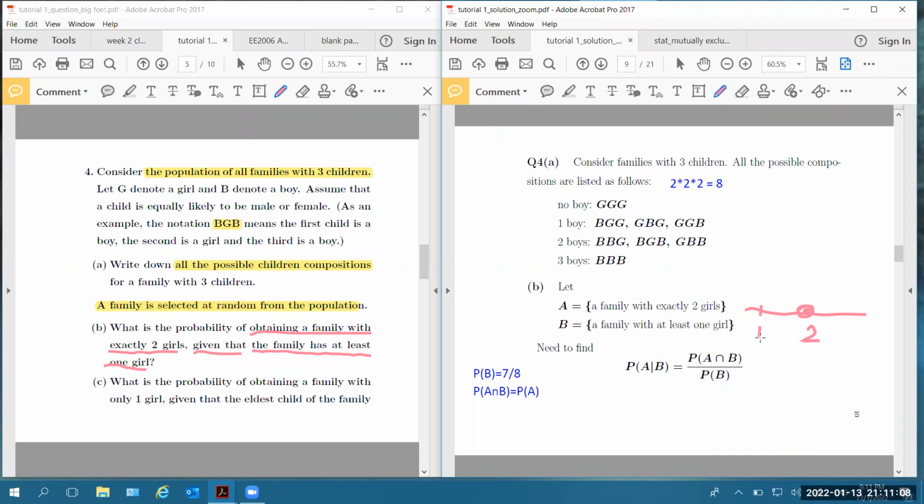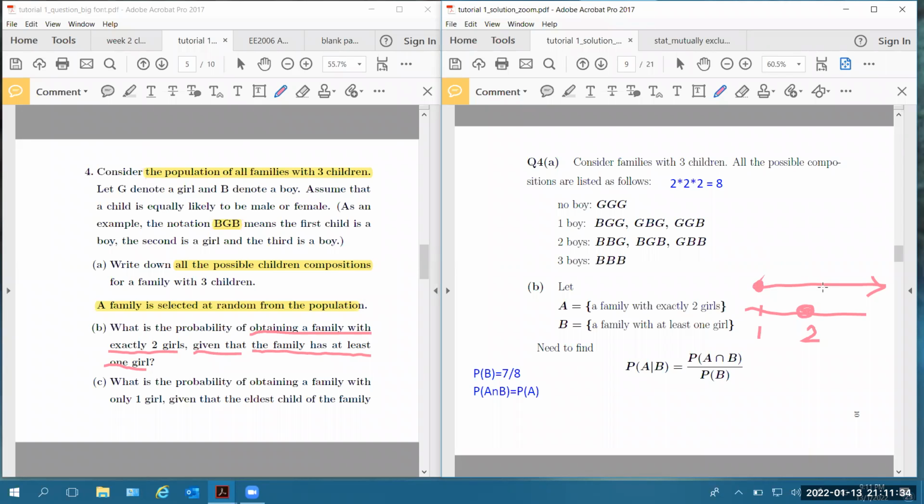Now, you all know from secondary school, this is how we draw at least 1. It's like that, from here onwards.